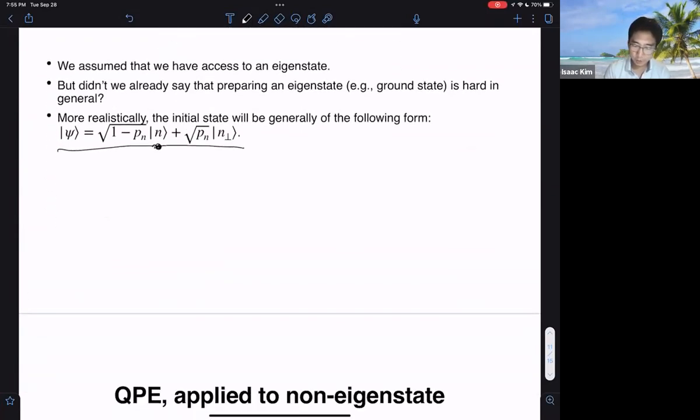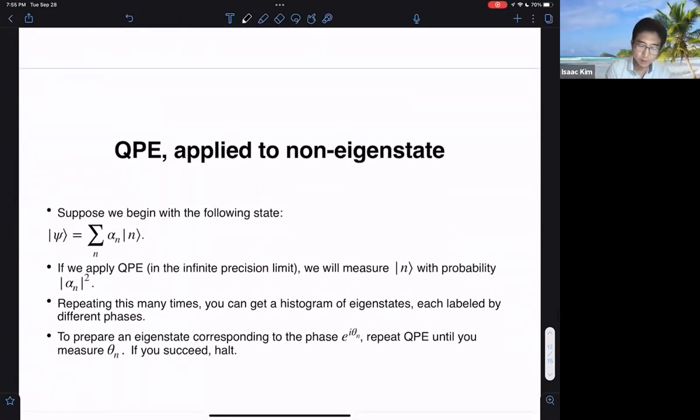Without loss of generality, we can assume that psi is a linear combination of the eigenstates of, let's say, a unitary. And let's moreover assume that this is e to the minus iHt. In this case, the eigenstates of this unitary will be precisely the eigenstates of this Hamiltonian.